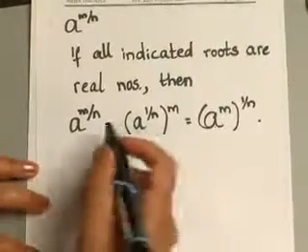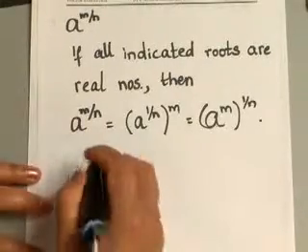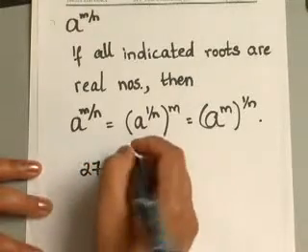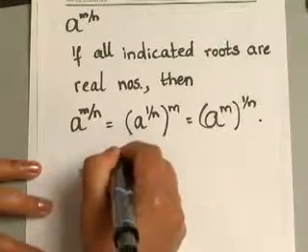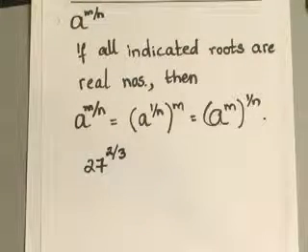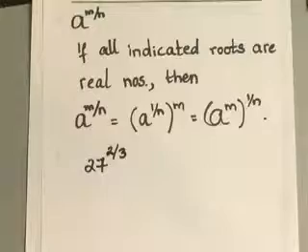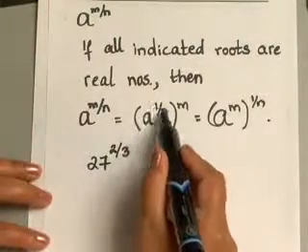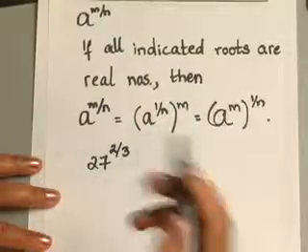Just depends on what kind of problem you're dealing with. So to understand the difference between these two methods, let's take a look at a simple problem here. Let's say we have 27 to the 2/3. We'll solve this by our first method, which is what we have been doing so far, 1 over n, and then putting the m outside.